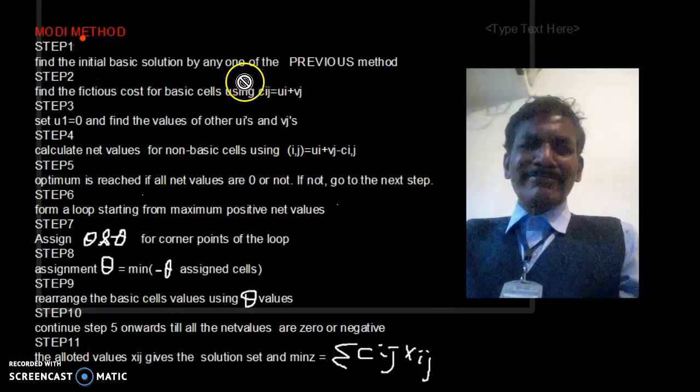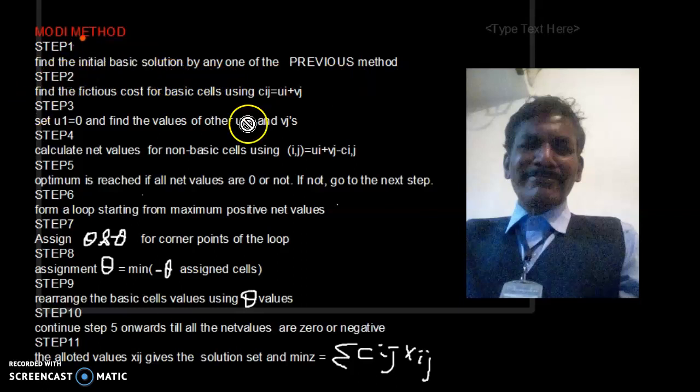We know what the previous methods are: least cost method, northwest corner rule method, and Vogel's approximation method. So by any one of the methods, we must find the initial basic solution. That is the first step.